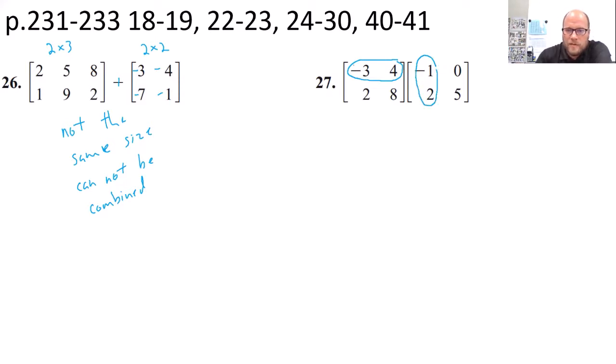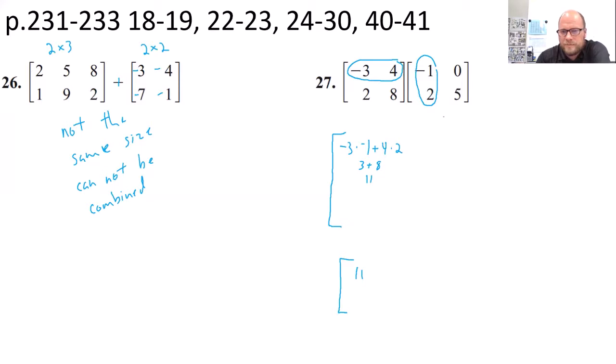So for the first one, we have -3 times -1 plus 4 times 2. -3 times -1 is +3. 4 times 2 is 8. 3 plus 8 is 11. So top corner is 11.